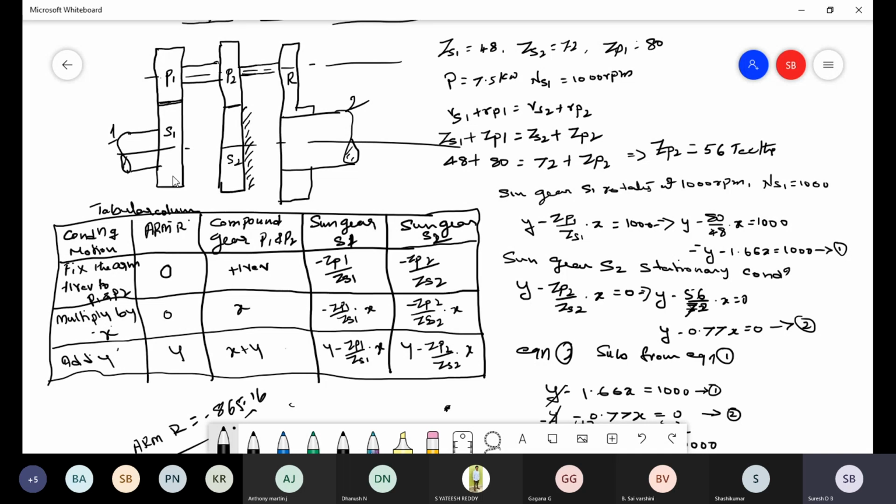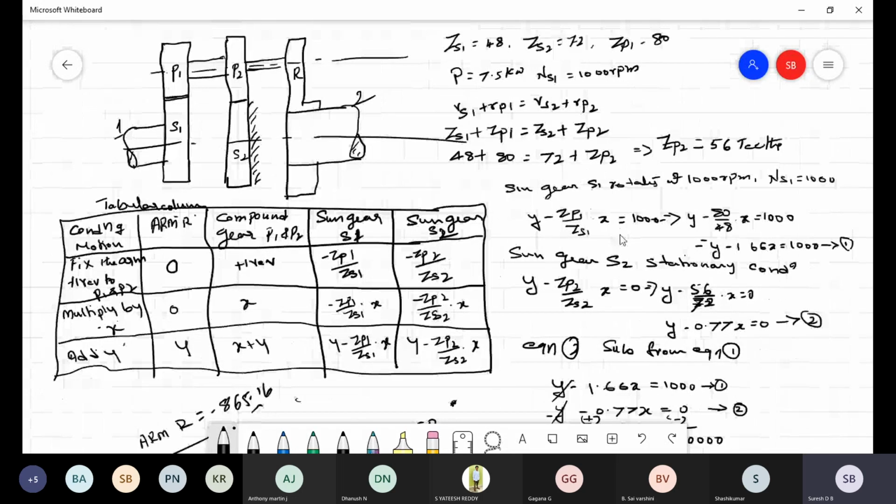Here the first gear is S1 and the last gear is S2, but for the beginning we can consider R as the first one. Then R is attached to these two gears, which you consider first. Then the P1 gear is meshed with S1 gear or the P2 gear is meshed with S2 gear. Either way, in series. You can consider P2 meshed with S2 first, then S1, no problem, because the train value is the same whether you consider first or last.